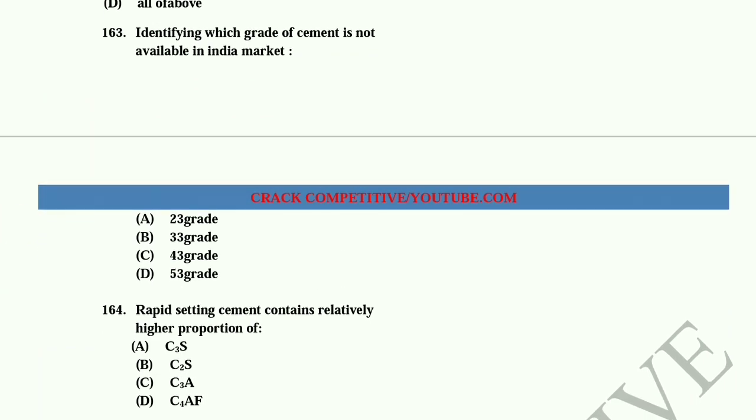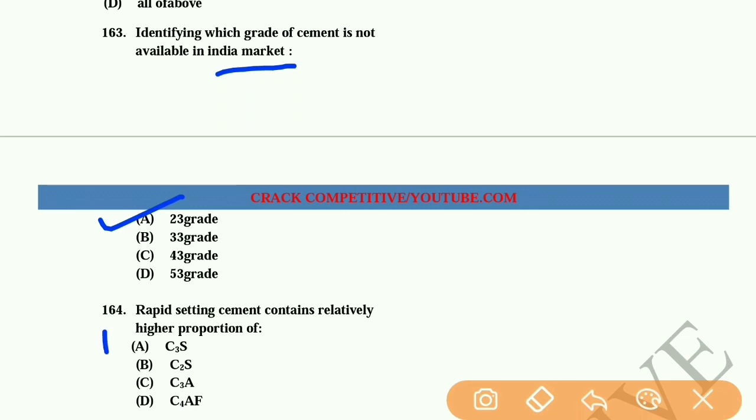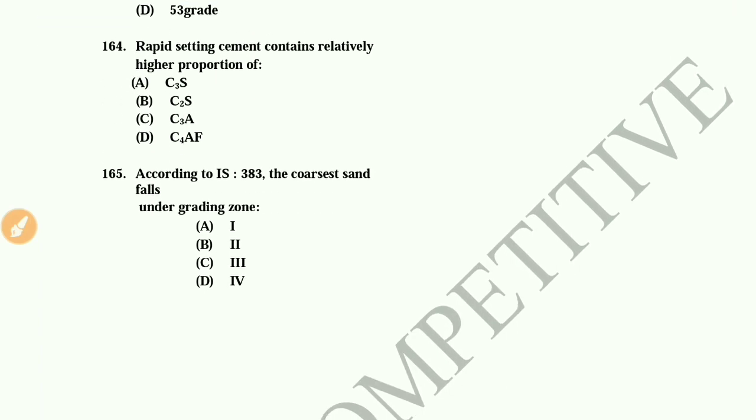Identifying which grade of cement is not available in India market, this is option A, 23 grade cement is not available in India market. Next question, rapid hardening cement contains relatively higher proportion of, रैपिड हार्डनिंग सीमेंट में सबसे ज़्यादा कौन सी प्रोपोर्शन रहता है, this is C3S, tricalcium silicate सबसे ज़्यादा रहता है.